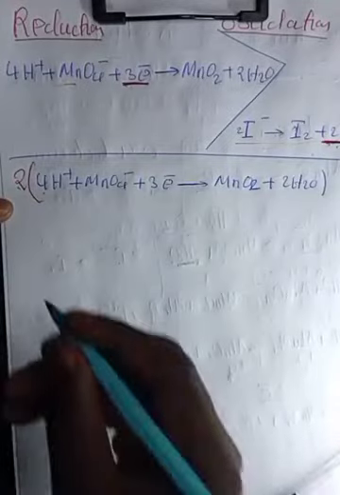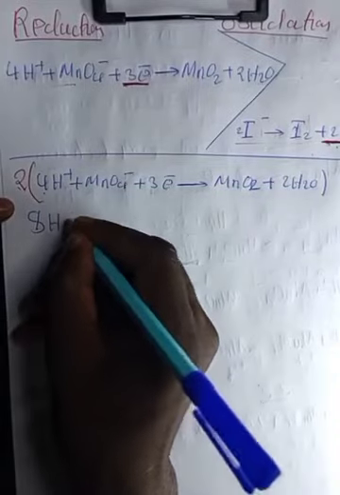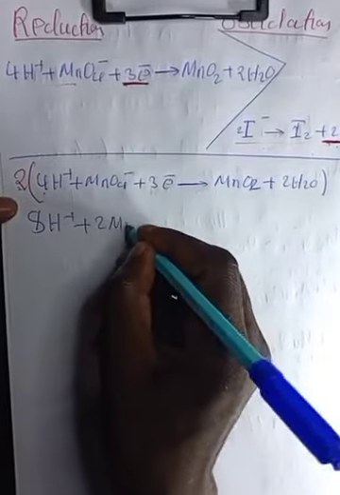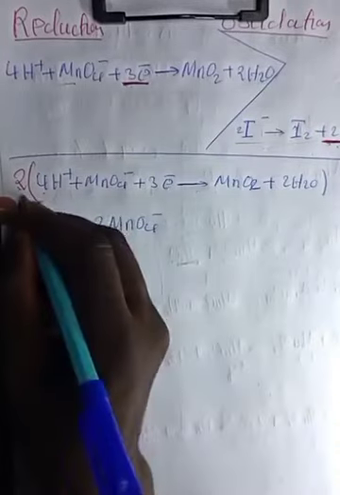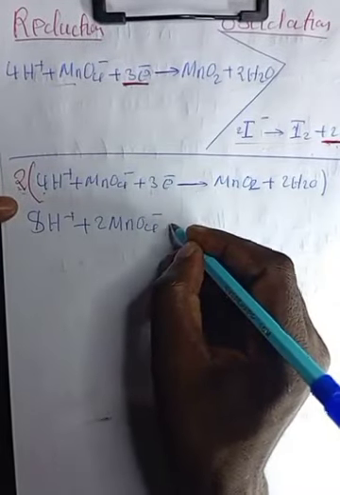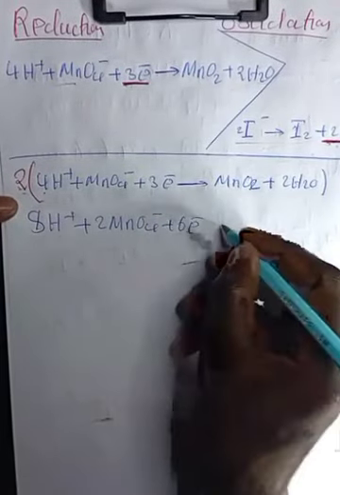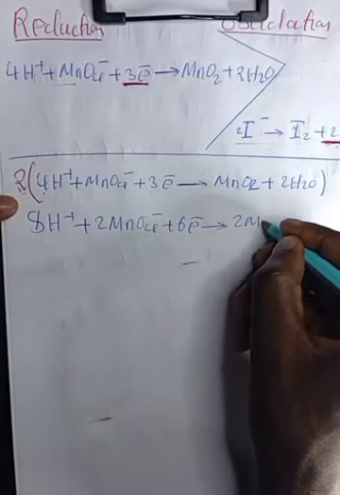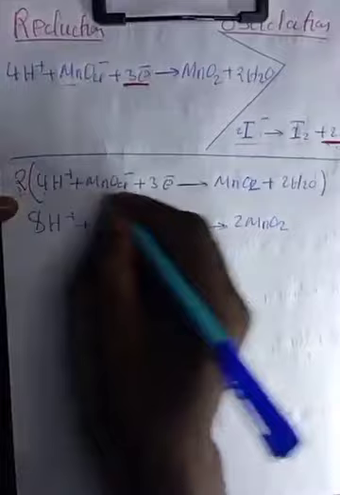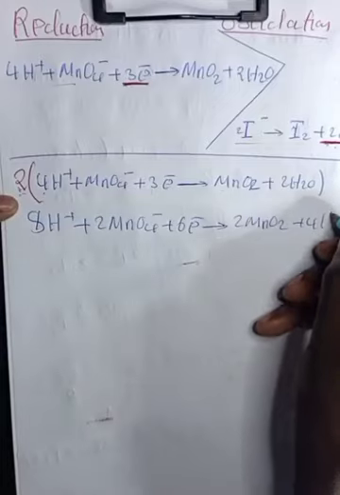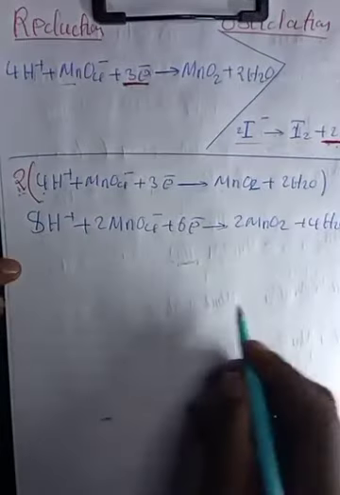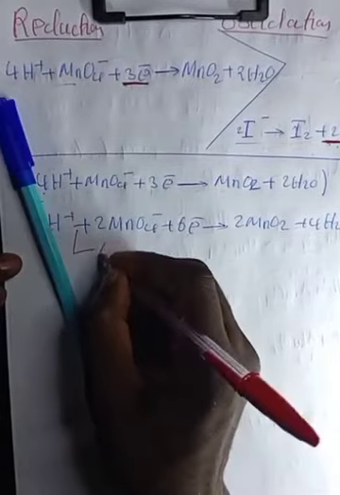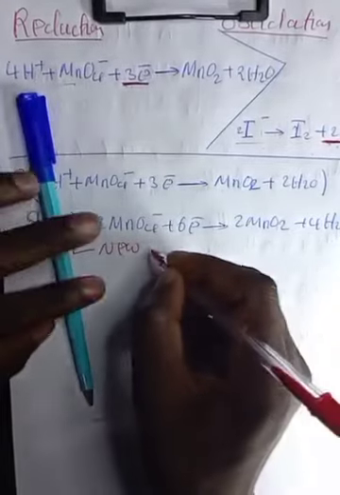We get 8 hydrogen ions. Then 2 multiplied by that, we get plus 2. Then 3 multiplied by 2, we get 6 electrons. Again, 2 multiplied by this, we get 2 MnO2. And then 2 multiplied by that, we get plus 4 water molecules. So this is now our new reduction.